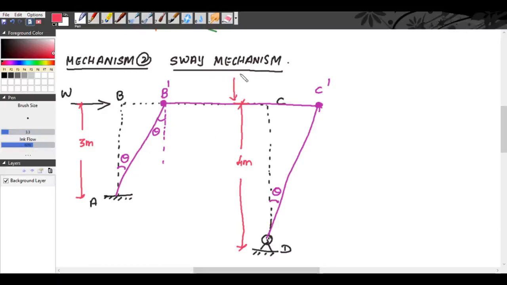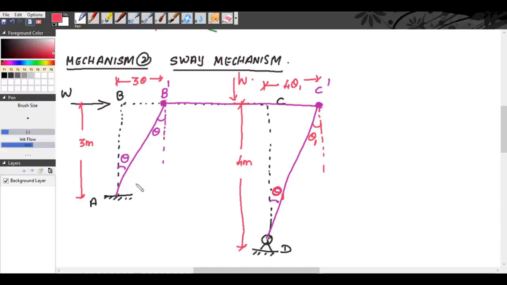We have a concentrated load of W here, right? Okay. So since the lengths are different, the rotation also will be different. So at A, the rotation can be taken as theta. At D, the rotation can be taken as theta 1. That means at B dash, the rotation is theta, and at C dash, the rotation will be equal to theta 1. So the distance B dash will be equal to 3 theta, and the distance C dash will be equal to 4 theta 1. Okay. Now we have the external work done.